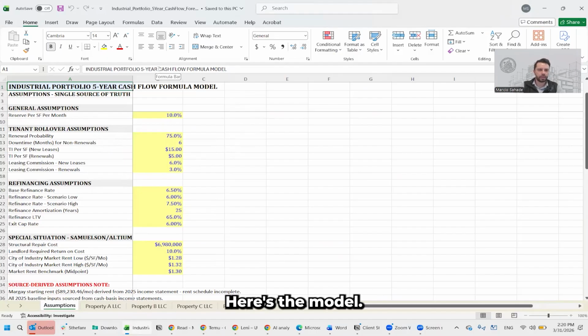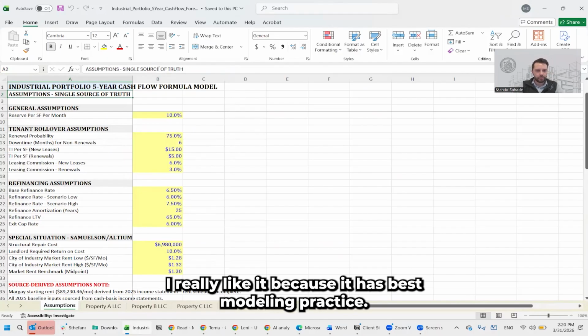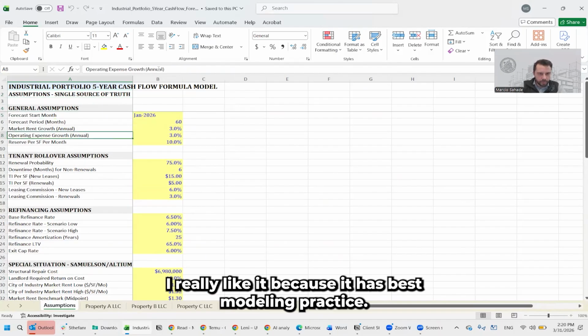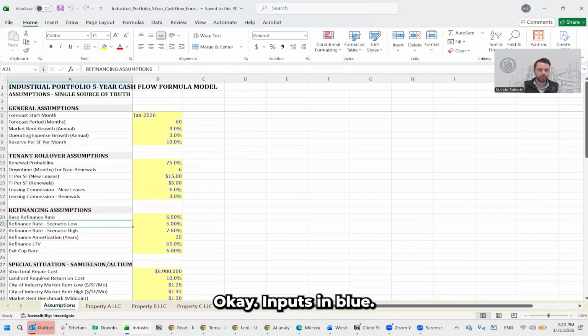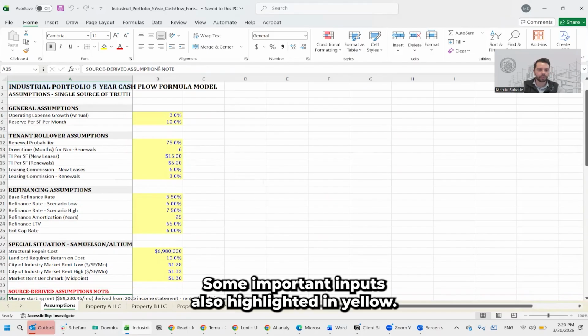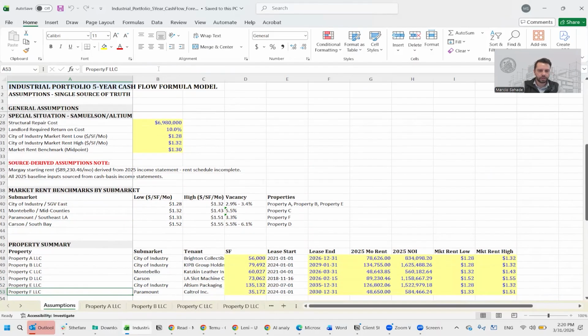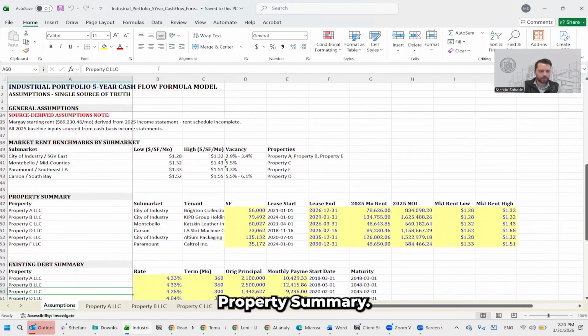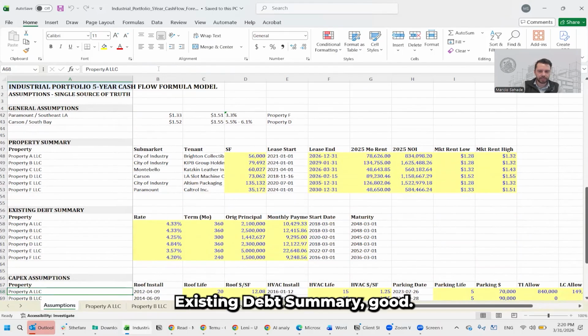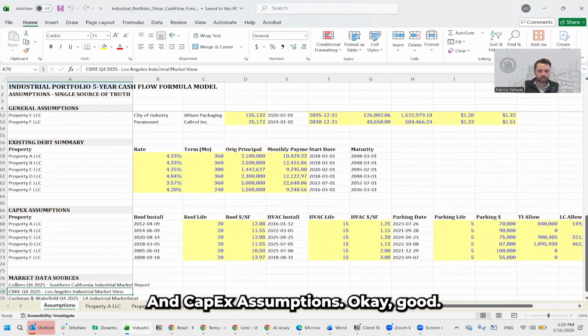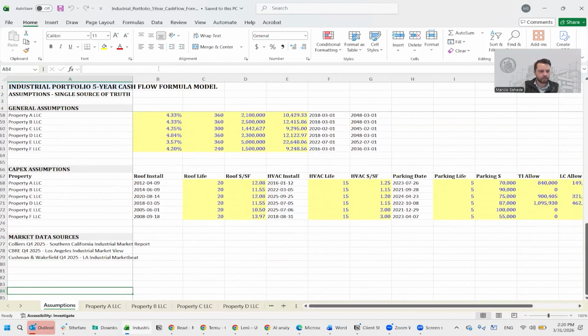Okay. All right, here's the model. I already like it because it has best modeling practice. Inputs in blue, some important inputs also highlighted in yellow. Property summary, existing debt summary, good, and CapEx assumptions. Okay, good.